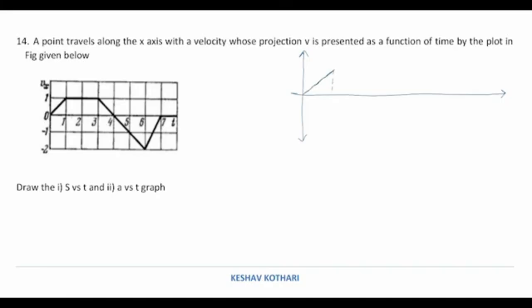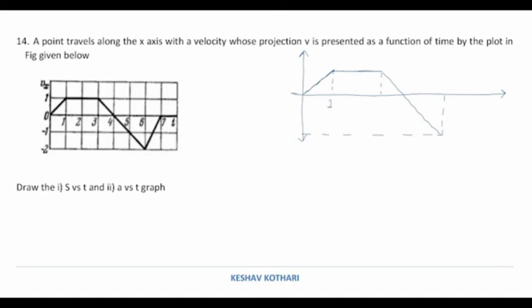From 1 second to 3 seconds the velocity is constant, and hence the acceleration will also become 0. After 3 seconds the velocity is constantly decreasing and it reaches -2 at 6 seconds. So the acceleration is negative.